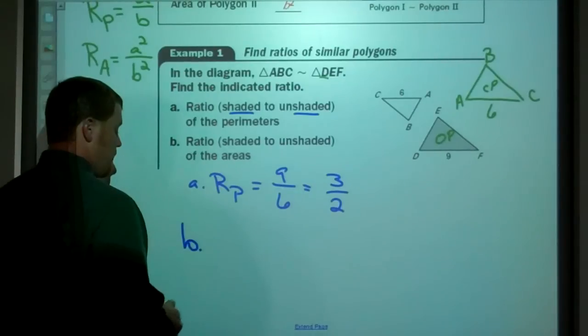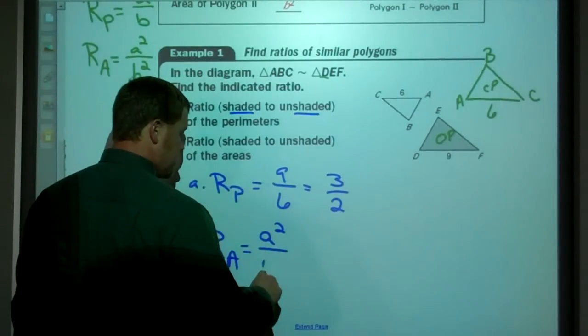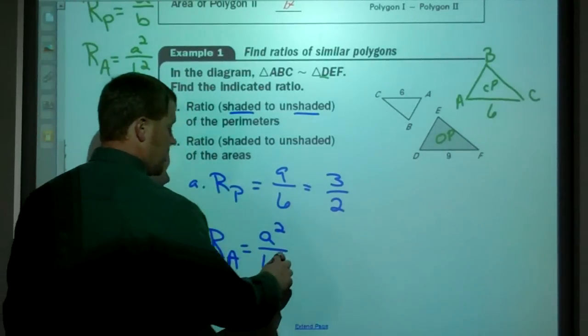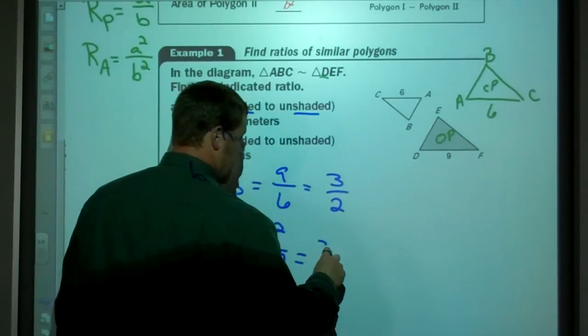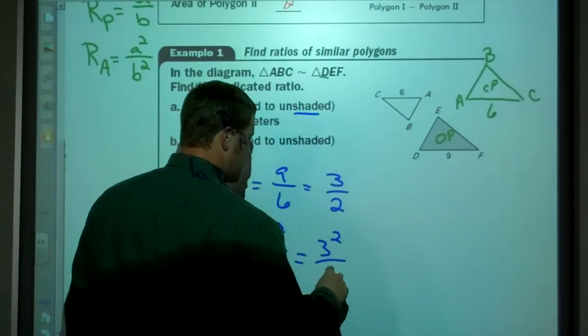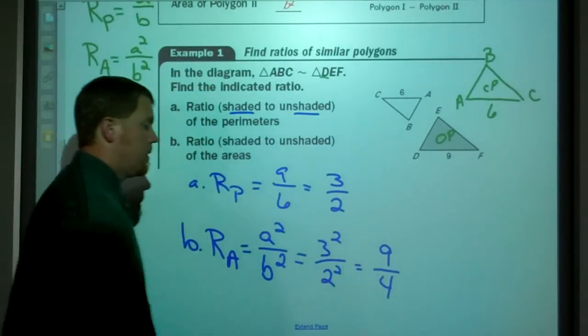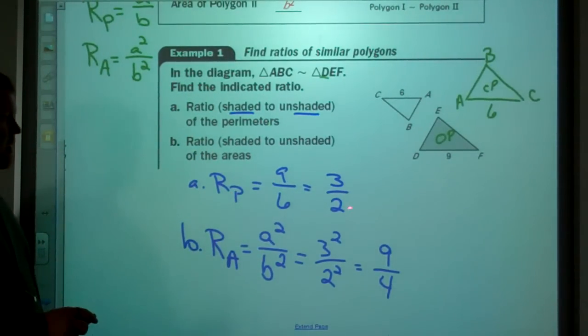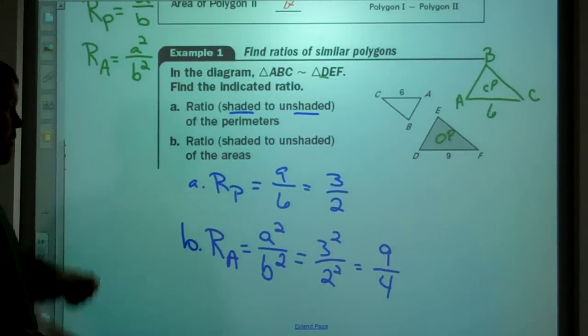Part B: the ratio of the areas is A squared to B squared, and A and B are 3 and 2 respectively, so that is 3 squared to 2 squared, which is 9 to 4. So the ratio of the perimeters is 3 to 2, and the ratio of the areas is 9 to 4.